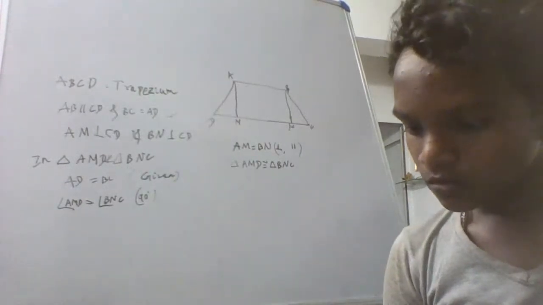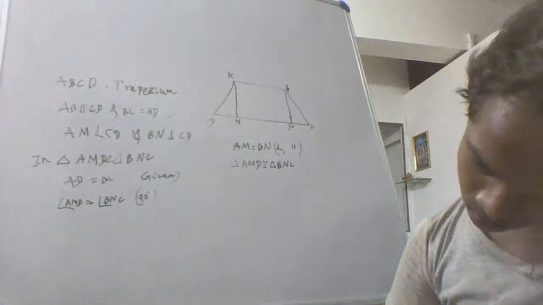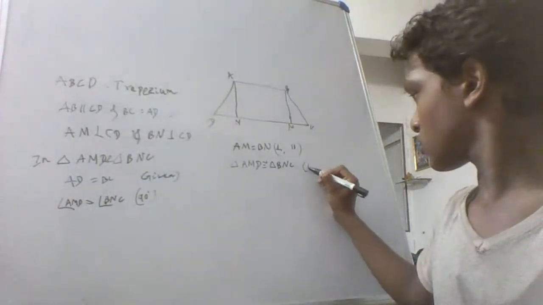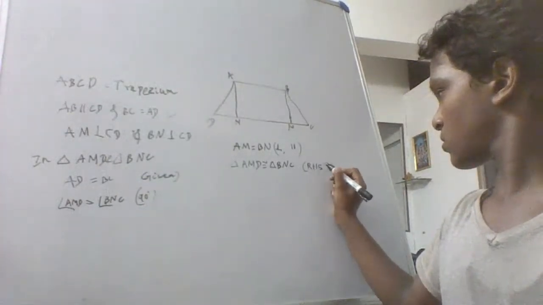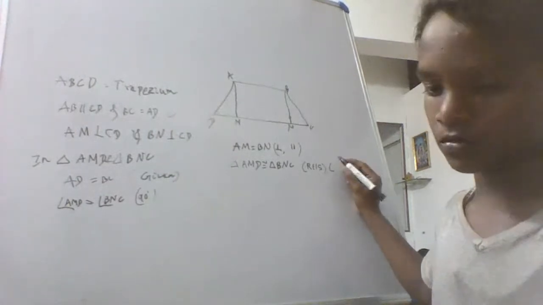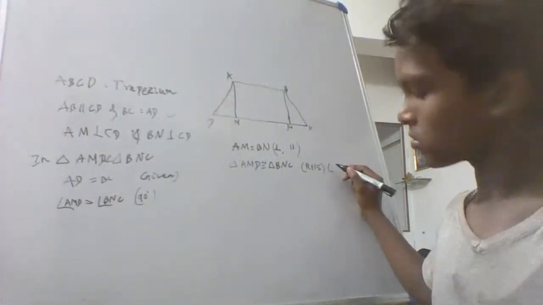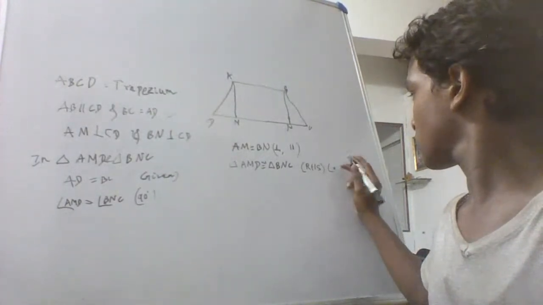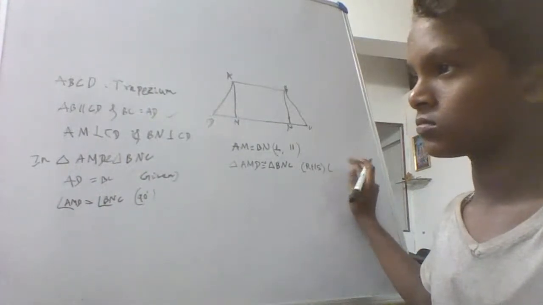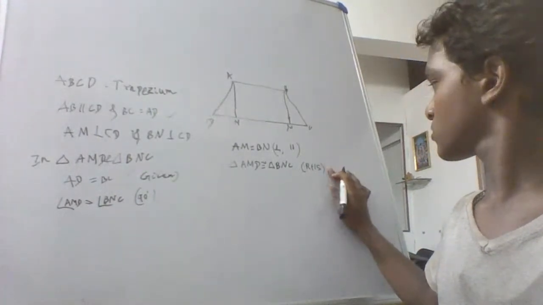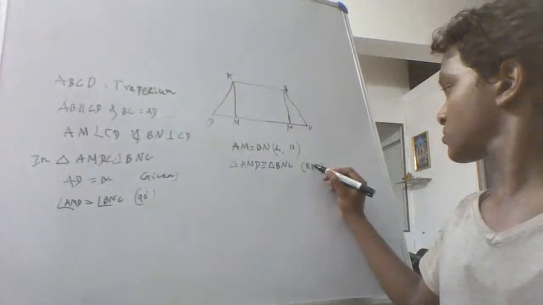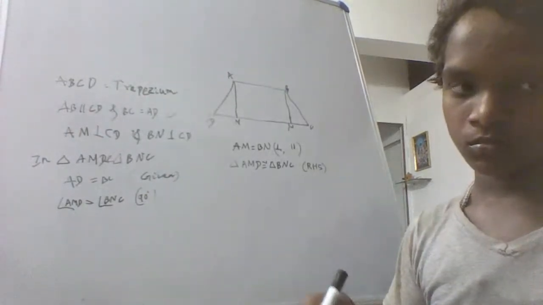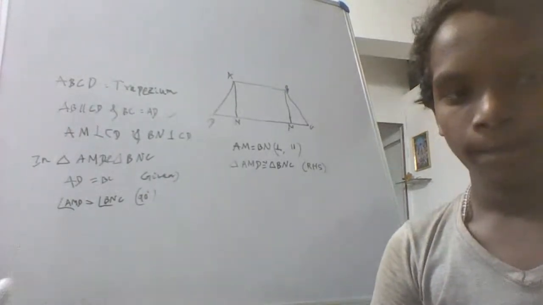Right angle, hypotenuse, side: RHS congruence rule. RHS congruence rule. Okay, now let me move on to the next part of the problem.